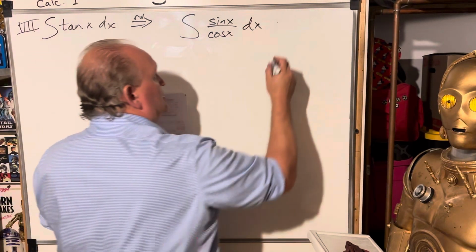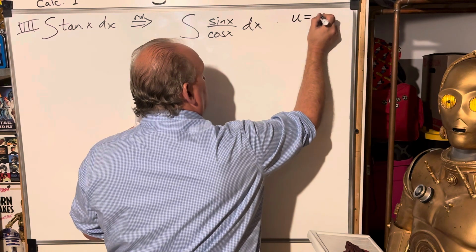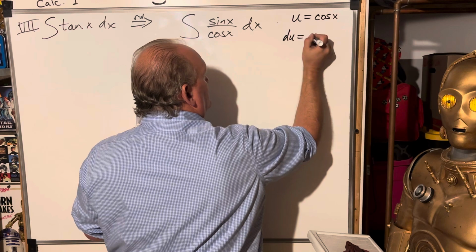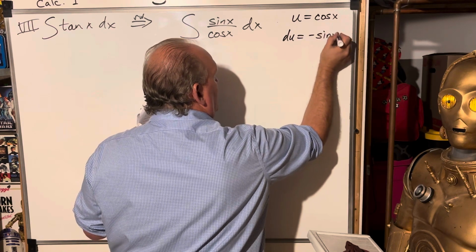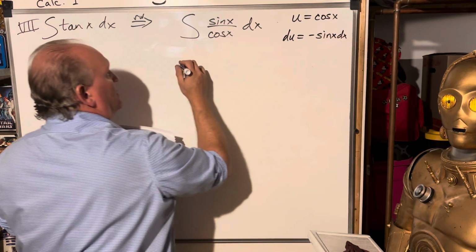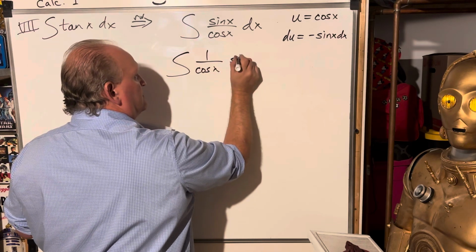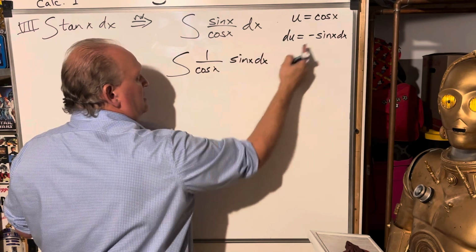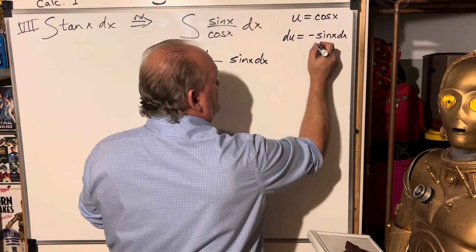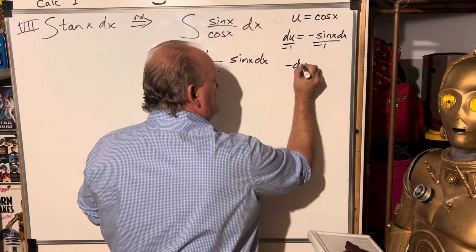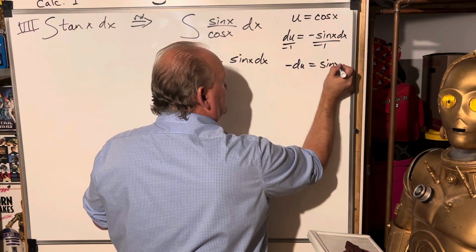So we can say u is equal to the cosine of x, and then du is equal to negative sine x dx. And see what we got going on if we write it 1 over cosine x times sine x dx. It's so close. We just have a negative 1 we have to fix. So negative du is equal to sine x dx.